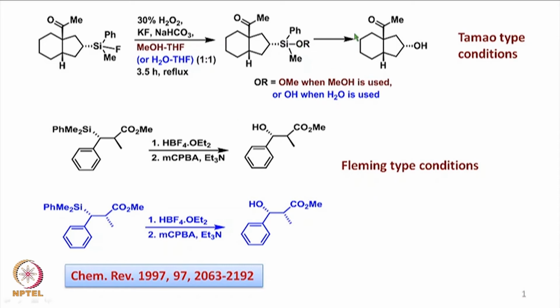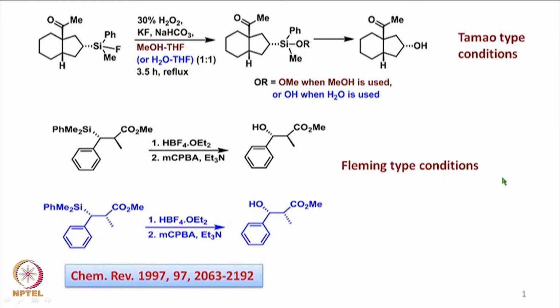This particular intermediate then under the same condition leads to the formation of this hydroxy compound, indicating that in these Tamao type of oxidations these types of intermediates are first formed.